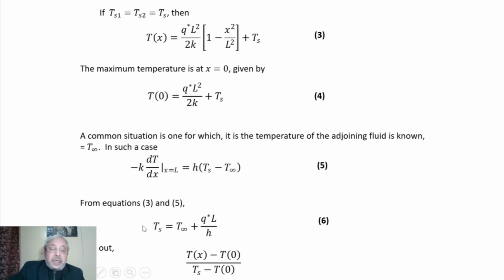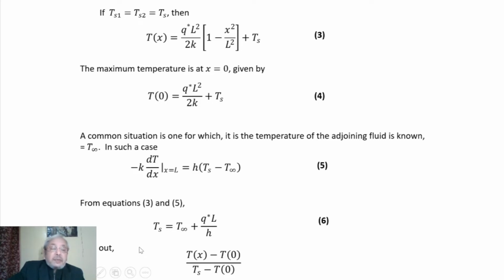That means Ts is a function of ambient temperature, uniformly distributed heat source, geometrical parameter, and film heat transfer coefficient or convective heat transfer coefficient. So this becomes the expression for Ts, that is, the surface temperature.